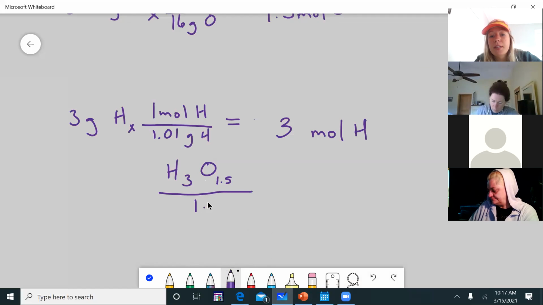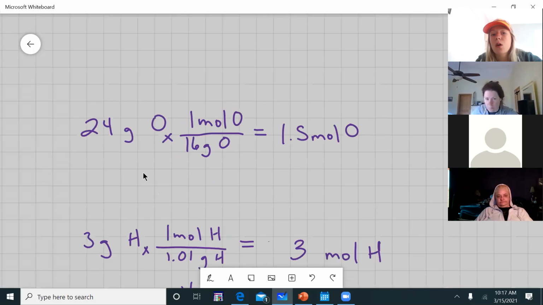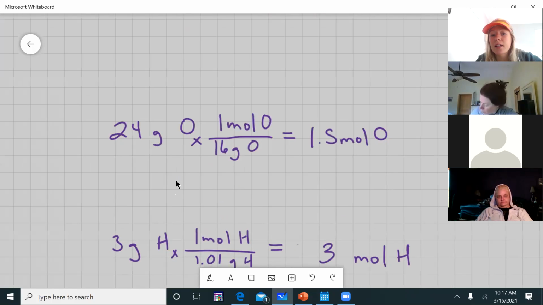So I'm going to divide everything by 1.5. What is 3 divided by 1.5? It becomes 2. What is 1.5 divided by 1.5? It becomes 1. H2O. Look at that. We were able to come up with the formula for water from experimental data. Where is this experimental data going to come from?